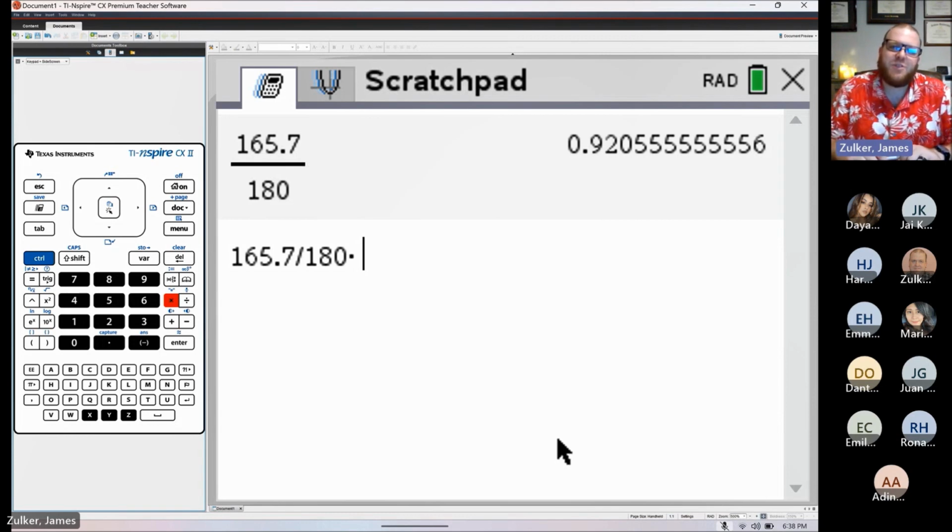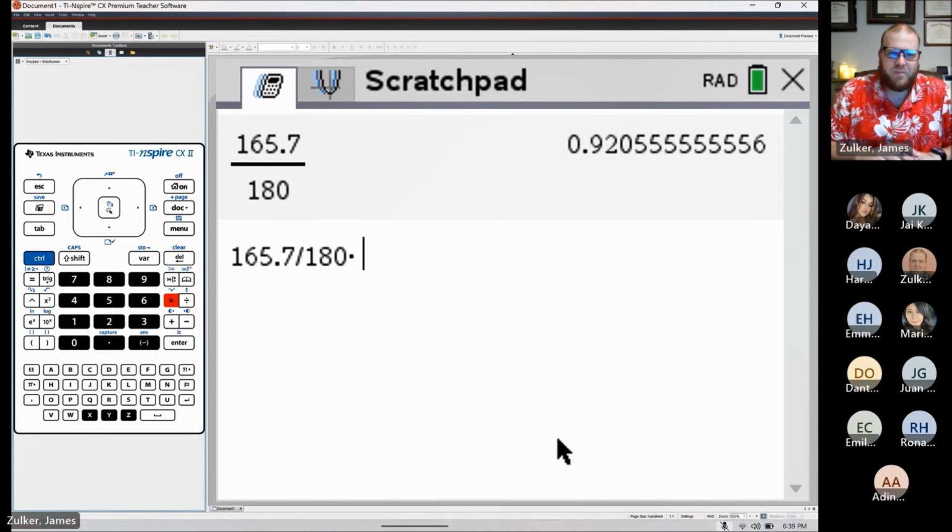It is an irrational number. When you're trying to approximate something with pi, you'd be better off not using 3.14 and just using the pi command.